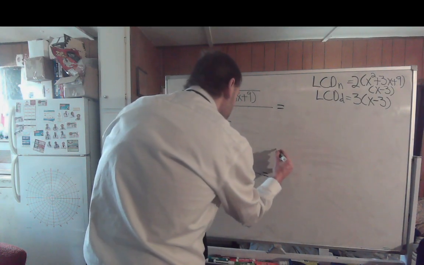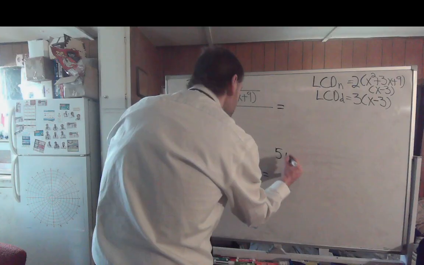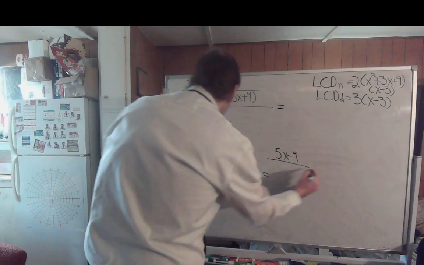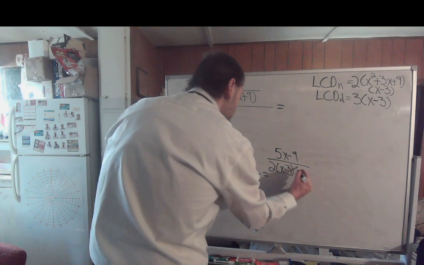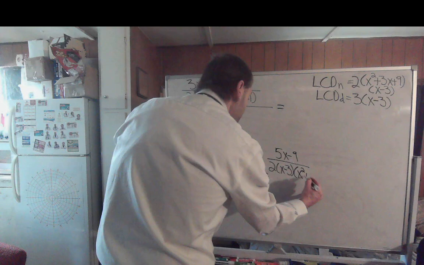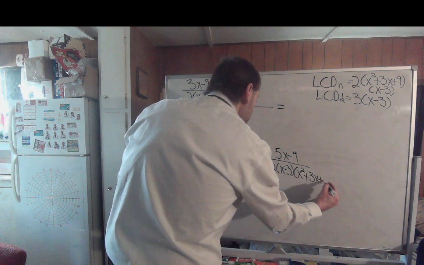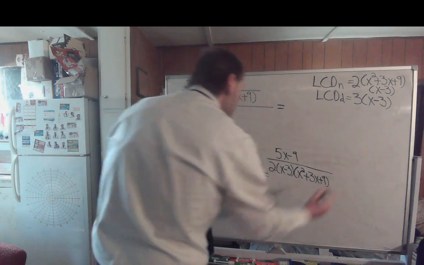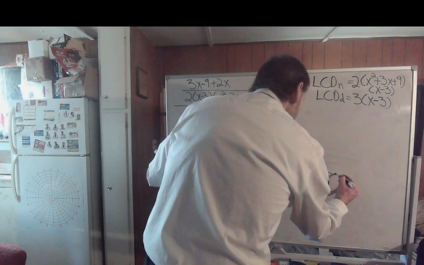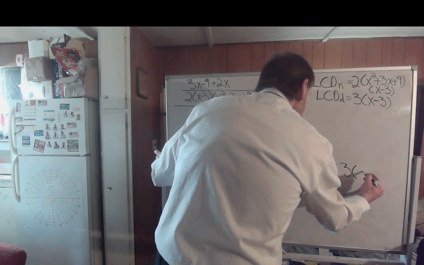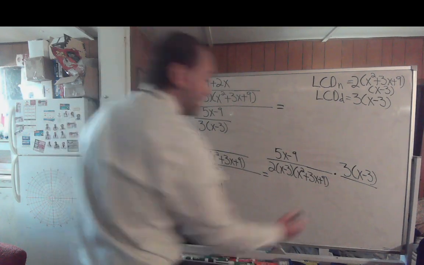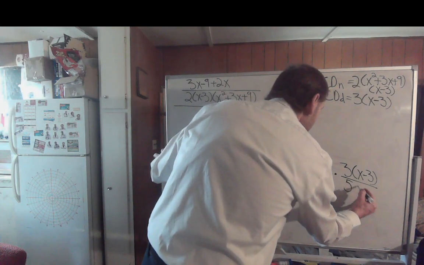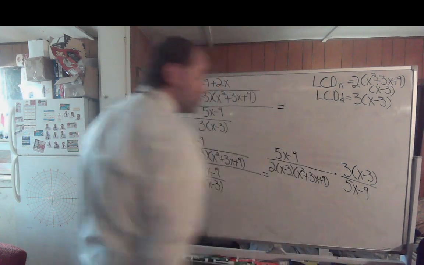So this is all going to be 5x minus 9 over 2 times x minus 3 times x squared plus 3x plus 9, times 3 times x minus 3 all over 5x minus 9. Well, would you look at that?